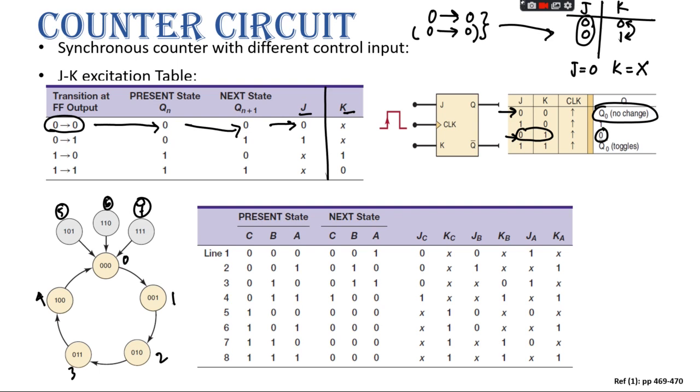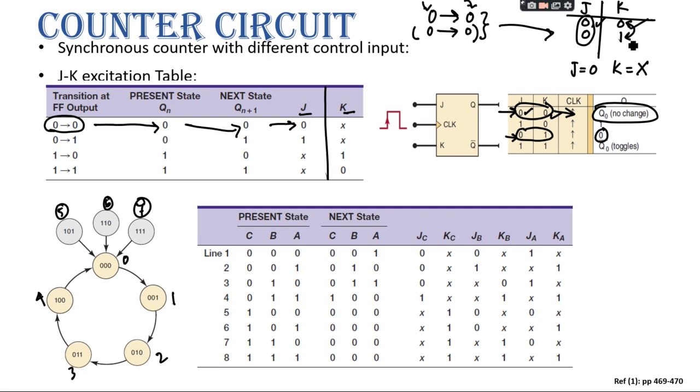Anyway, we need to go to 0. That is my aim. If my previous state is 0 and now we need to go to 0, we can use this condition. What does it mean? We don't change the state. So for this no change condition, what can we put as input? 0, 0, right?